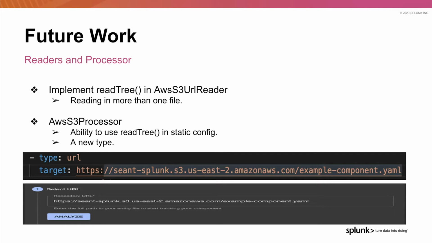And to build out a new type, instead of going through the URL reader path, we would build a processor that would match on a type in the app config that would call readTree through the reader. So we could point not just to one file in the app config, but to, let's say, the root of a bucket or a subdirectory in the bucket that could be hosting more than one file.